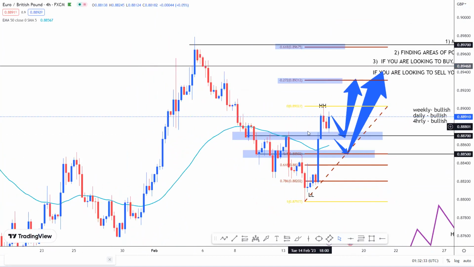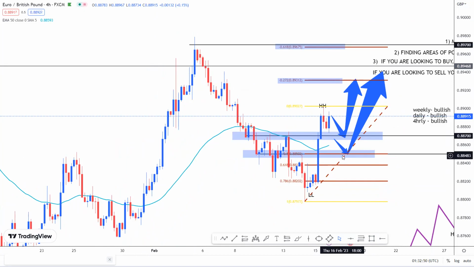Now this is where you want to be patient enough to wait for price to come into the point of interest, and then wait also for the right time zone.